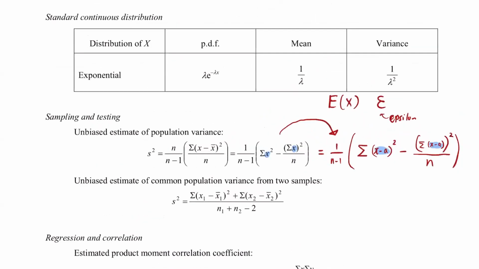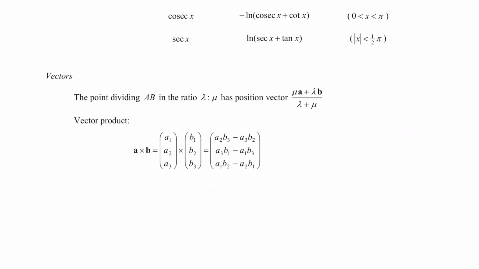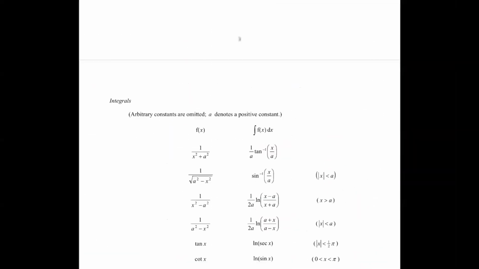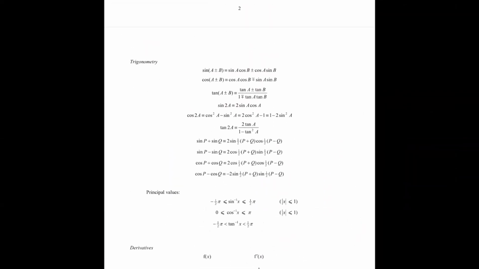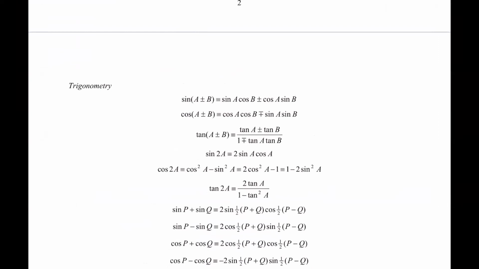Oh yeah, should I also mention, since we're at the MF26, there are some formulas that are not available in the MF26 that you're supposed to already know. Some of them are the trigo identity sine square theta plus cosine square theta equal to 1, as well as the other two versions.